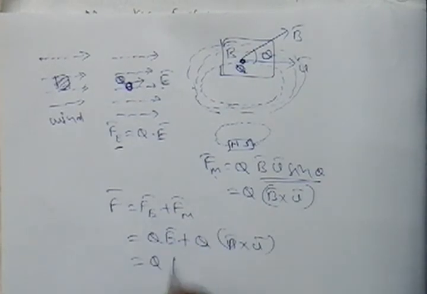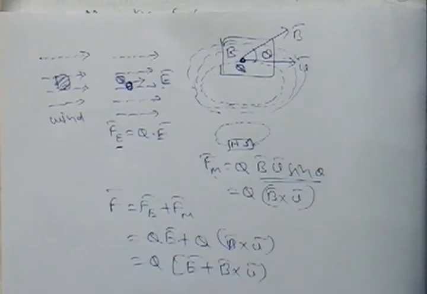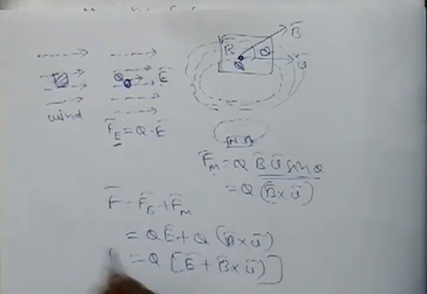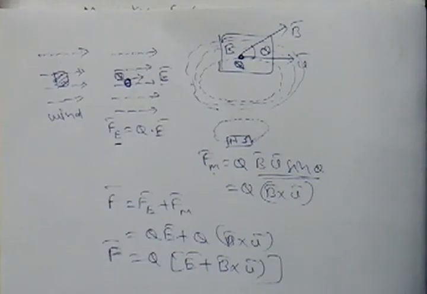Taking Q as common, it is Q times E bar plus V bar cross B bar. This is the total force due to the electric field as well as the magnetic field.